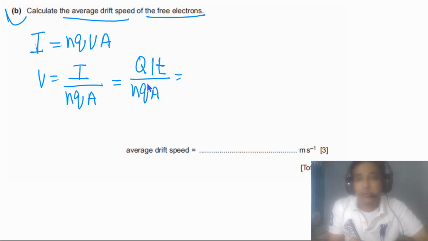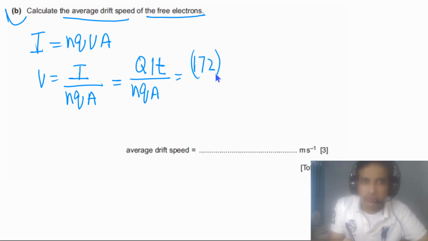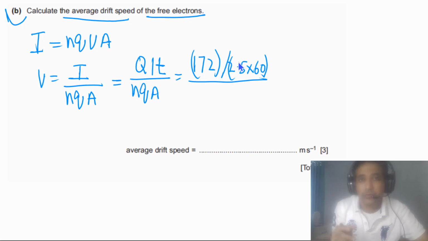Q is given to us in the question, so now we simply need to plug in those values. 172 coulombs, and the time taken that was given is 2.5 minutes. We have to convert this into seconds, so this is 2.5 multiplied by 60. The value of n we have just calculated, that was equal to 8.5 times 10 to 28.